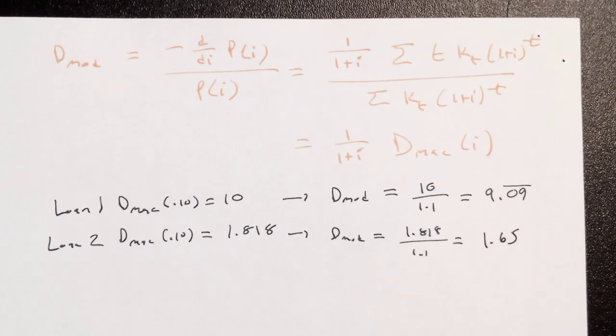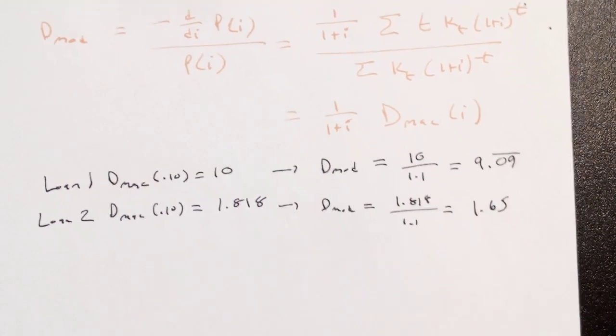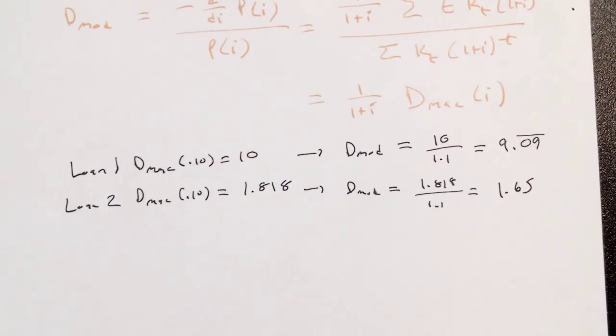So please notice that the modified duration is shorter than the Macaulay duration because we're dividing by a positive number bigger than 1, our 1 plus I, our growth rate right there. As long as our economy is growing, modified duration will be shorter. If our economy is contracting, we have a whole different process.